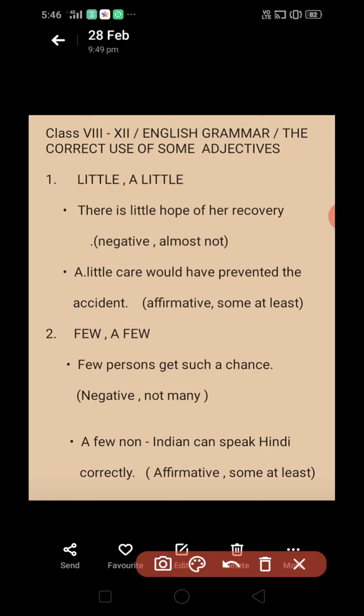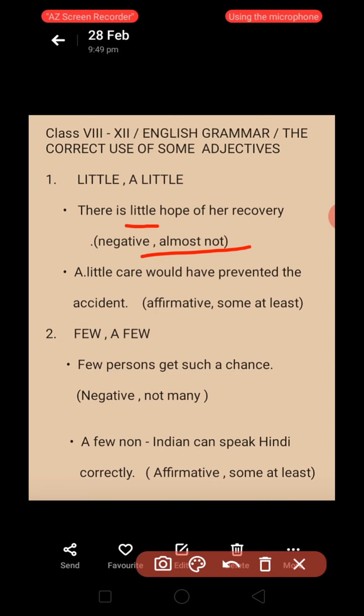To express the negative sense, the word little is used. So keep in your mind that only little means almost not.